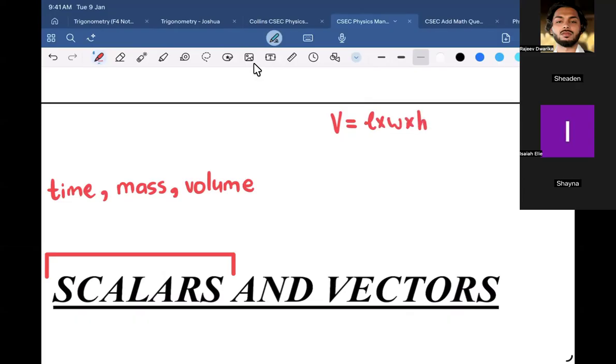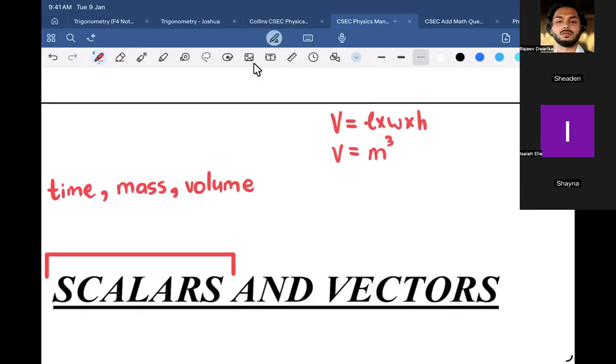What would the unit for this be? Meters cubed, because you're multiplying meter by meter by meter. Shay, you see how everything comes into play? The maths, the add maths, the physics.